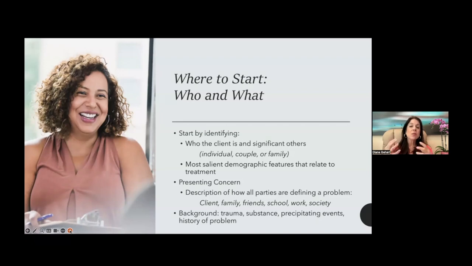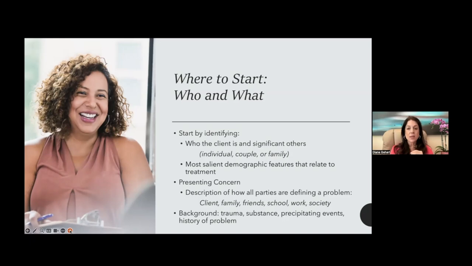You want to write it down from the client's perspective, but it is always, always, always best practice, even when you're working with an individual, to ask how the significant others in the system would define the problem. So let's say you're working with an adolescent, and they're saying that anxiety is their issue and they're feeling lonely.